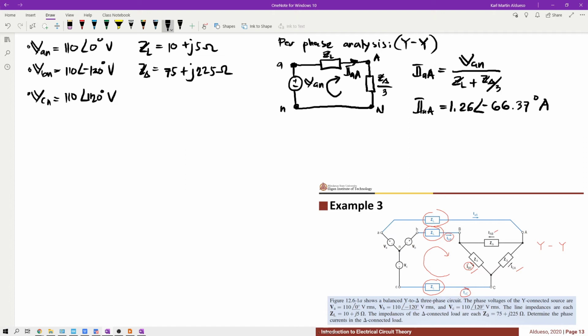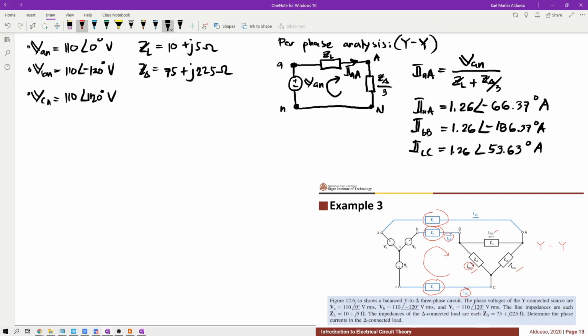So having the value of IaA, we can now get the values of the line currents IbB and IcC. So we have 1.26 angle of negative 186.37, and we have 1.26 equivalent to positive 53.63 amperes. Now we have our line currents.